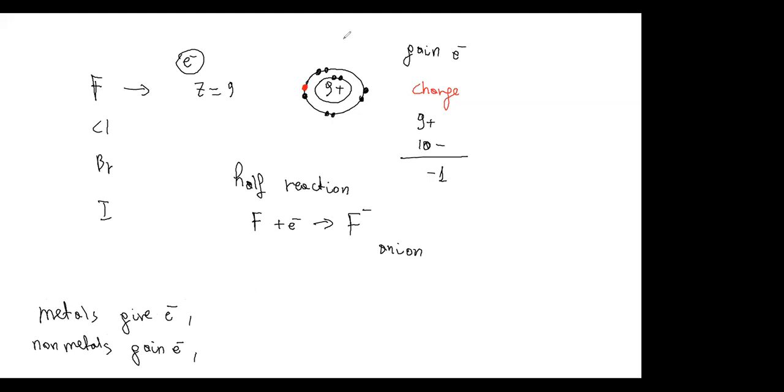And the metals form cations, and the non-metals form anions. Yes, like iron gives usually 2 or 3 electrons.